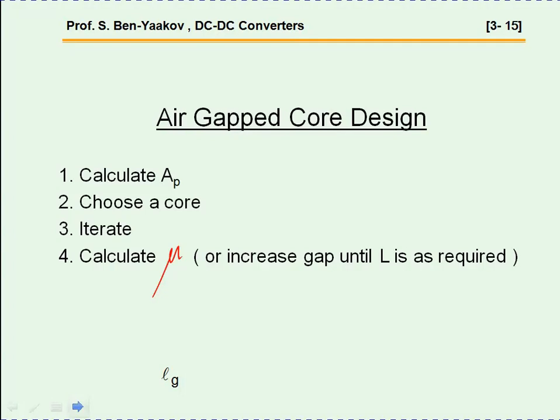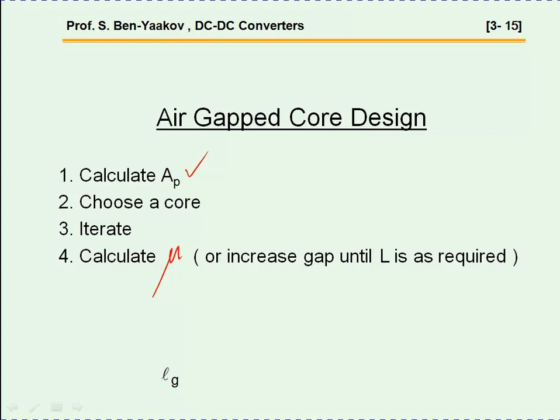So how do we approach core design in the case of the gapped core? We first of all calculate AP. We know all the parameters, the peak current, etc., that we want, the inductance that we need, and we can come up with an AP.